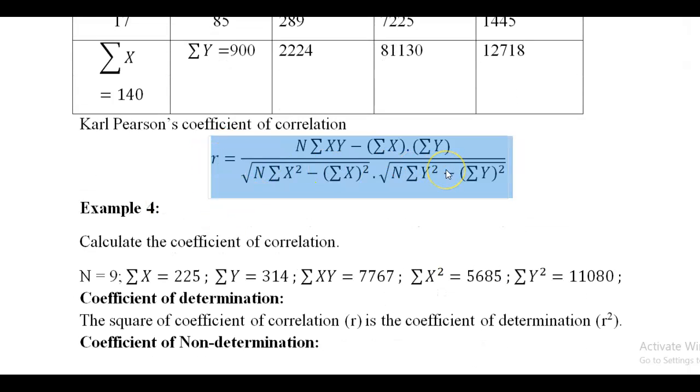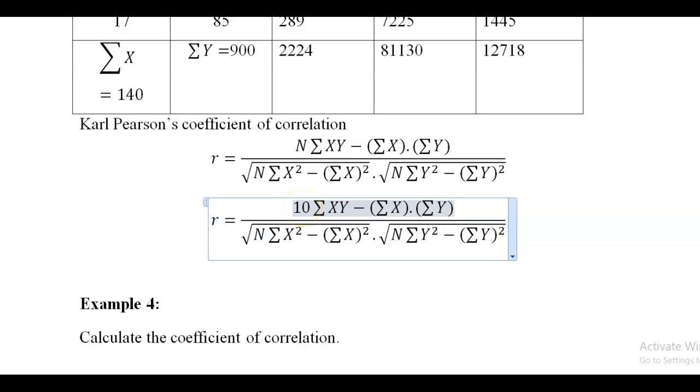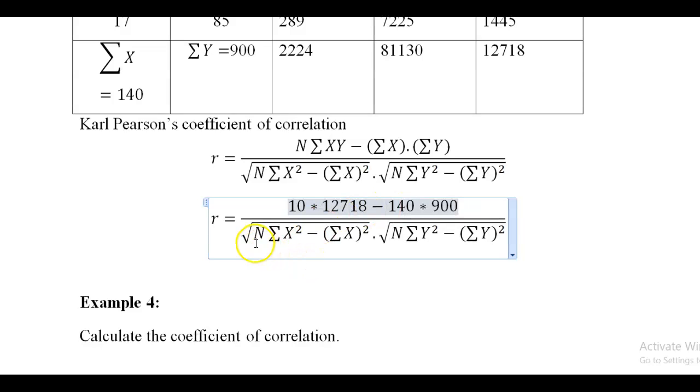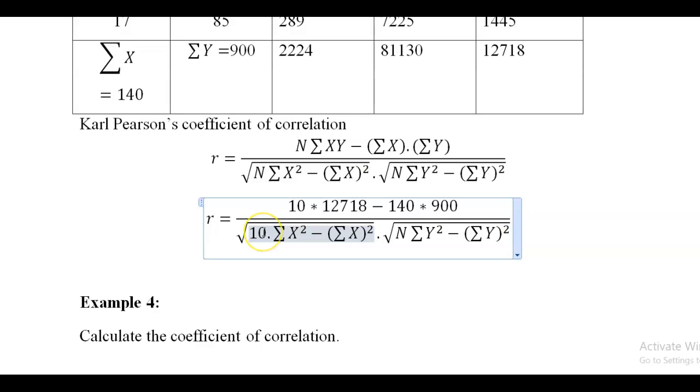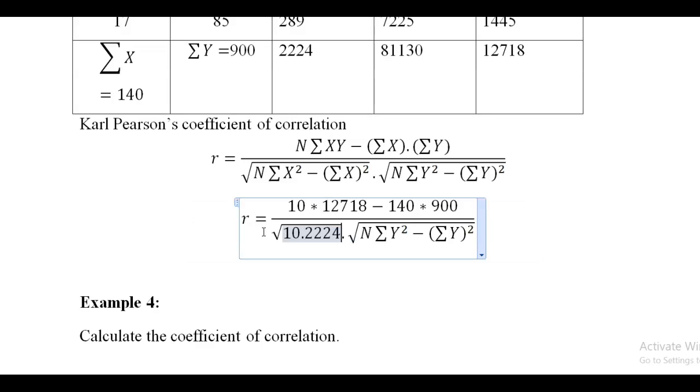This is the formula to find the correlation coefficient. That is the second formula. Right, now we will substitute all the values. So n is 10 multiplied by summation xy is 12,718 and summation x is 140, summation y is 900 divided by 10 into summation x square is 2224 minus summation x the whole square.